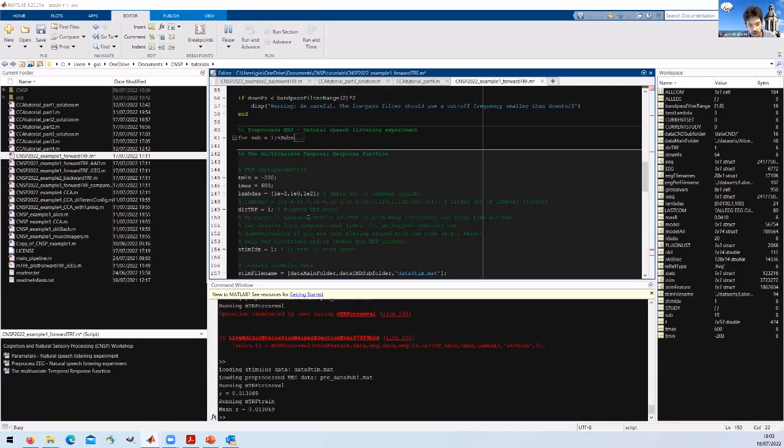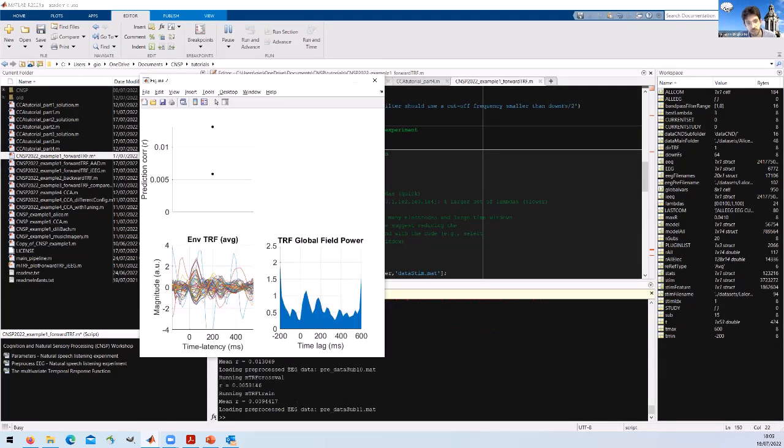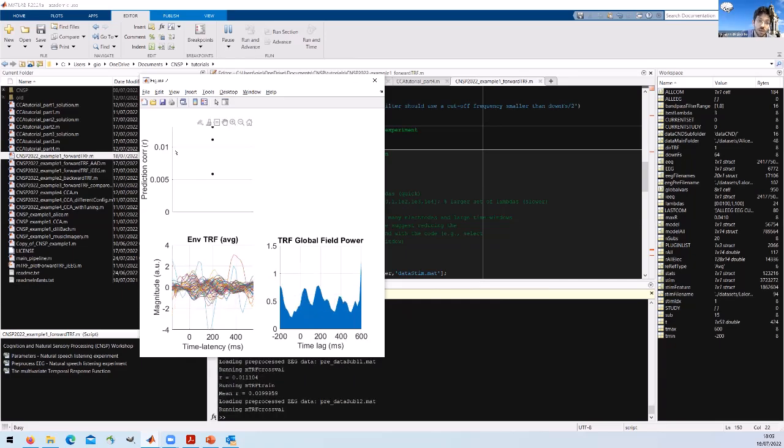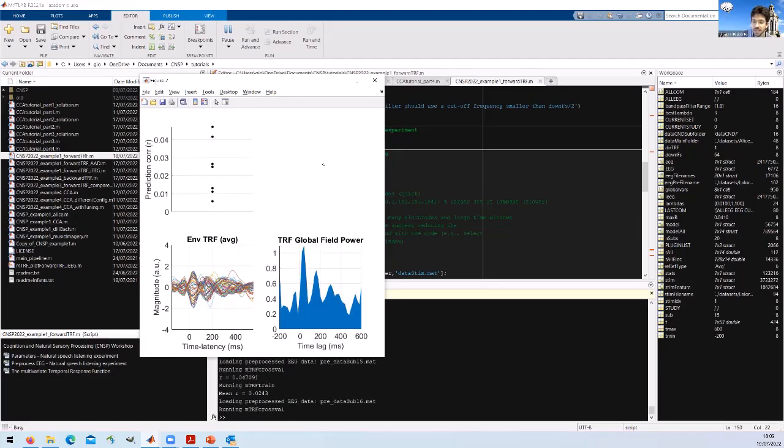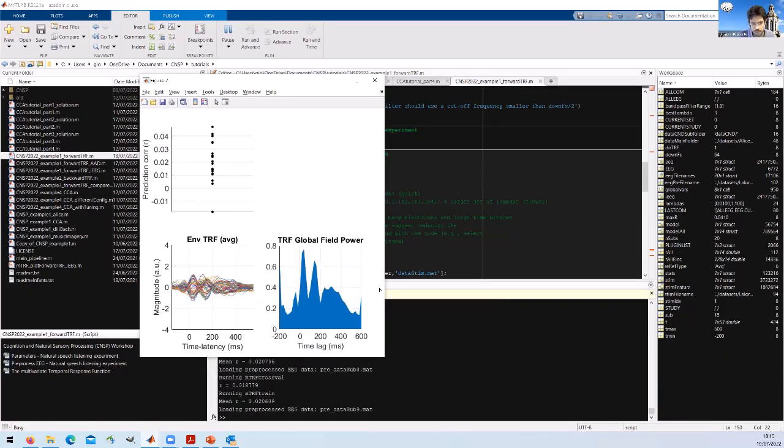And here you have another plot, which is the same as before. The only difference is that you don't have the topographies because this dataset didn't have a channel location file that I could load easily. So we need to do a little bit more work there to convert it onto something that works for us. So if you don't have the channel location file, it's just going to skip the topography.